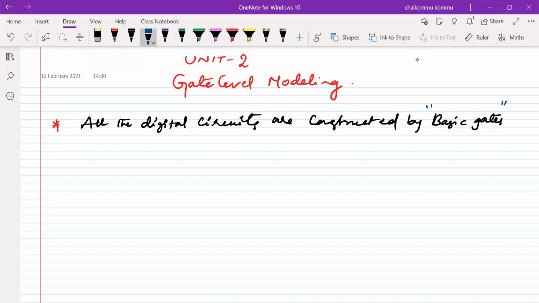Now, these basic gates are available as primitives in Verilog. A very important word is primitive.